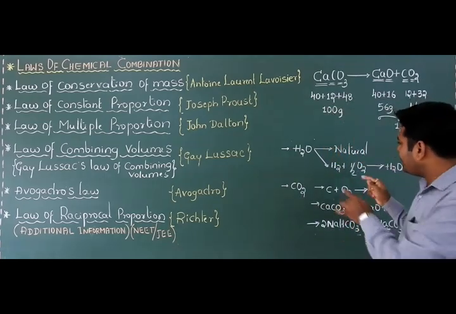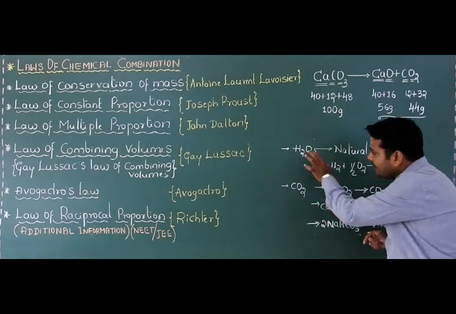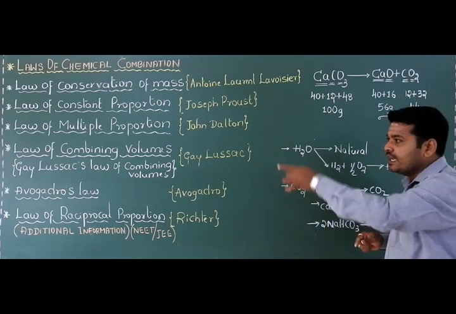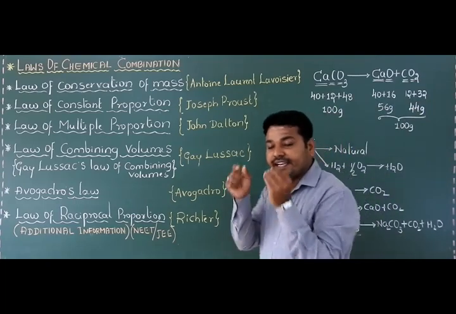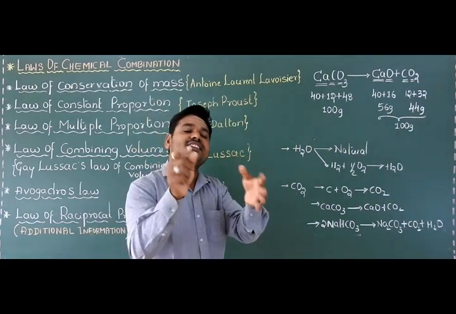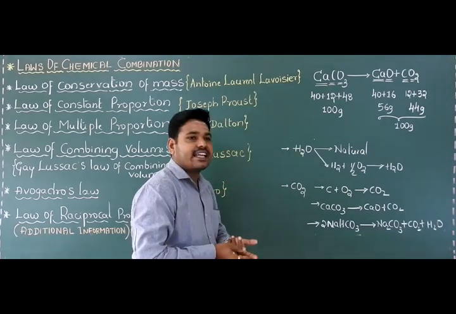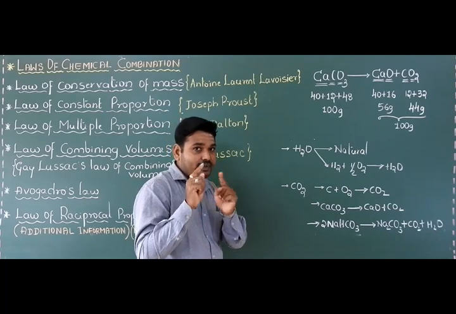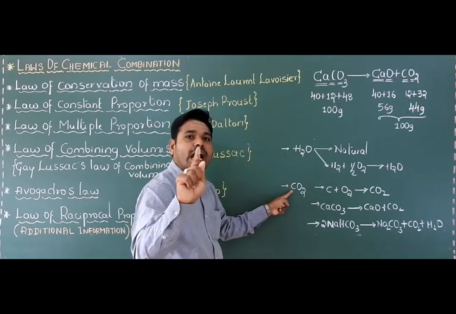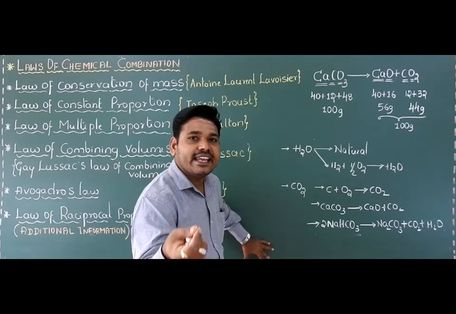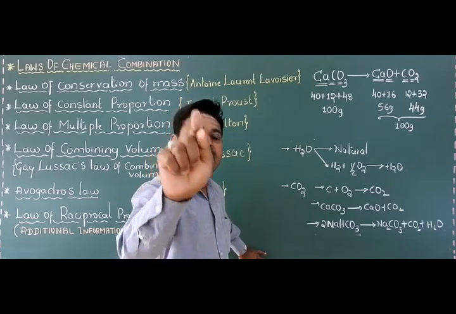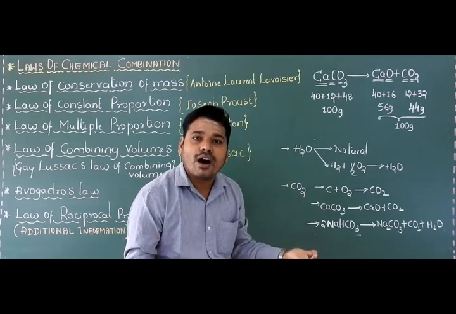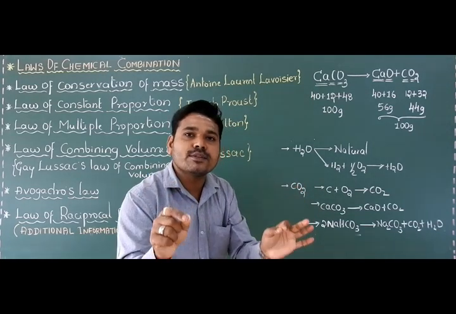Okay, so with the help of these examples, the law of constant proportion or the law of definite proportion states that a chemical compound, however prepared, listen to this statement carefully, a chemical compound however prepared containing the same elements combines with each other in a fixed proportion by mass, in a constant proportion by mass.